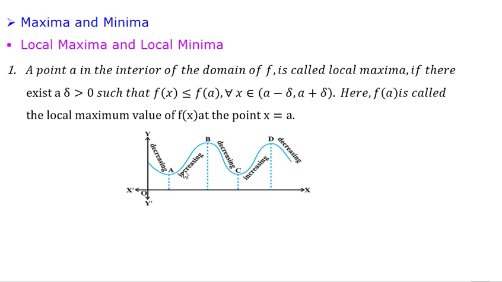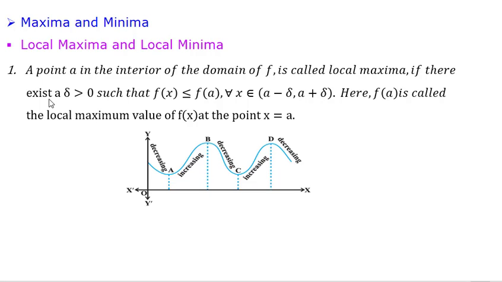Now these minimum or maximum values are called local minimum or local maximum values. So point A and point C are points of local minima, and point B and point D are points of local maxima.